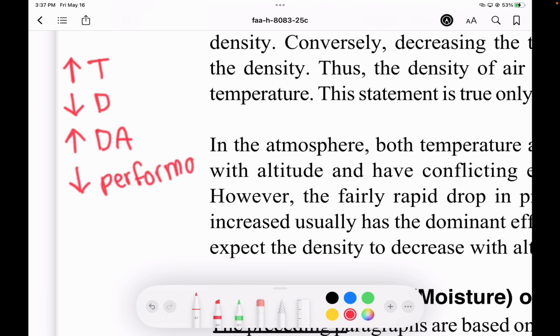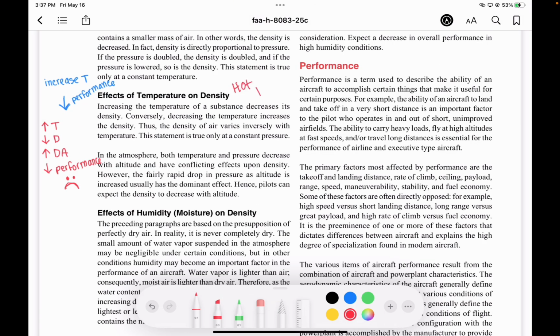Performance. And then I'll draw a sad face. Okay. Means. So that means hot temperature is bad. And cold equals good. There. Hot, bad, cold, good. If you can't remember anything, just remember that.